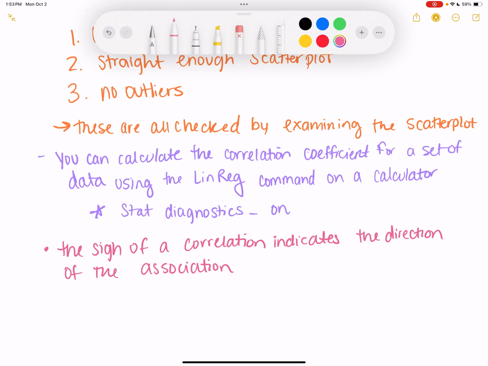Negative would be a negative association. So negative slope kind of thing when you're looking at it. It's always between -1 and 1, and rarely exactly -1 or 1.